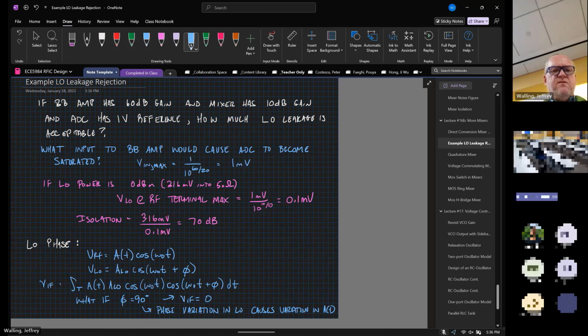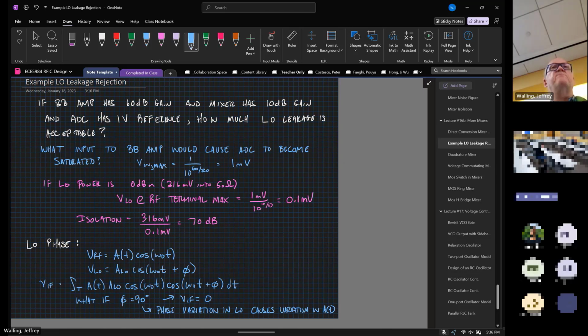The big thing that we see when we do this derivation, so here we're checking on the phase of the LO, or the impact of the phase of the LO. So if we have an RF signal that's equal to A times cosine omega t, and then we have an LO signal that's equal to some amplitude of the LO that's a constant.